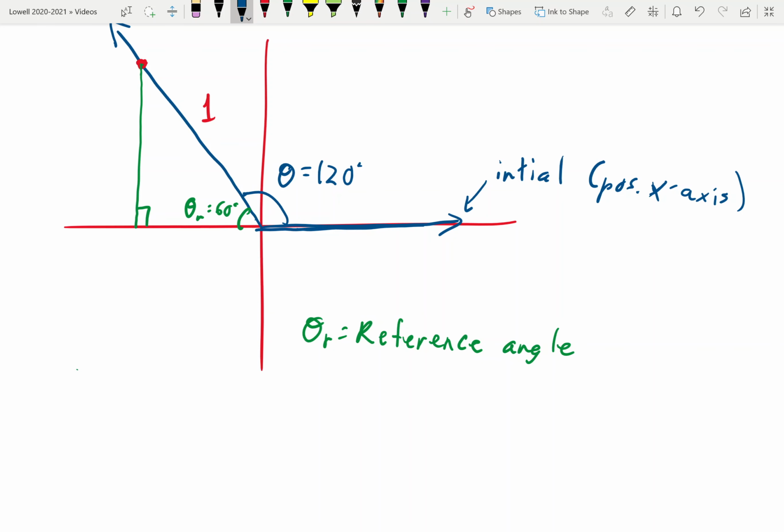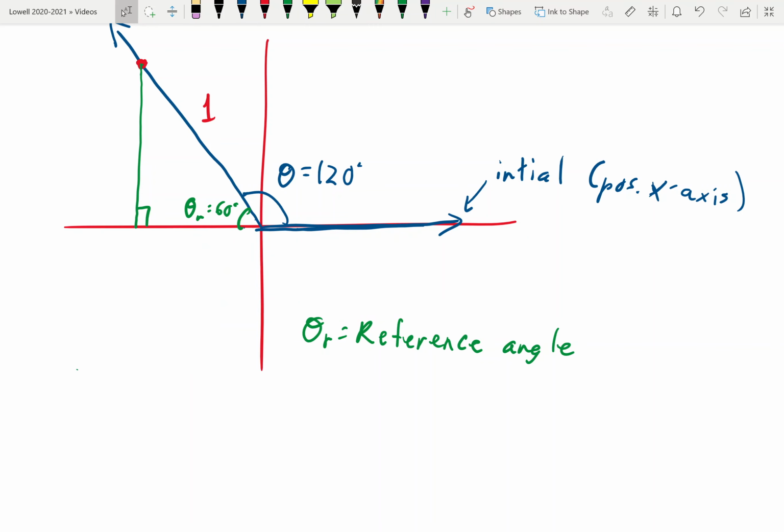If your angle ended up maybe down here, say, then your reference angle you would draw going upward, like so. And then this would be your reference angle, theta sub r, I call it. Okay? If your angle is down here, then the reference angle you would use would be this one right here. That's your reference angle.